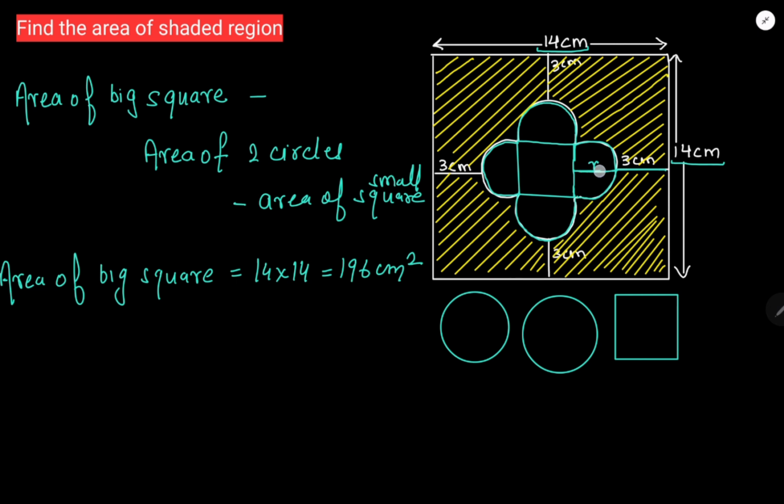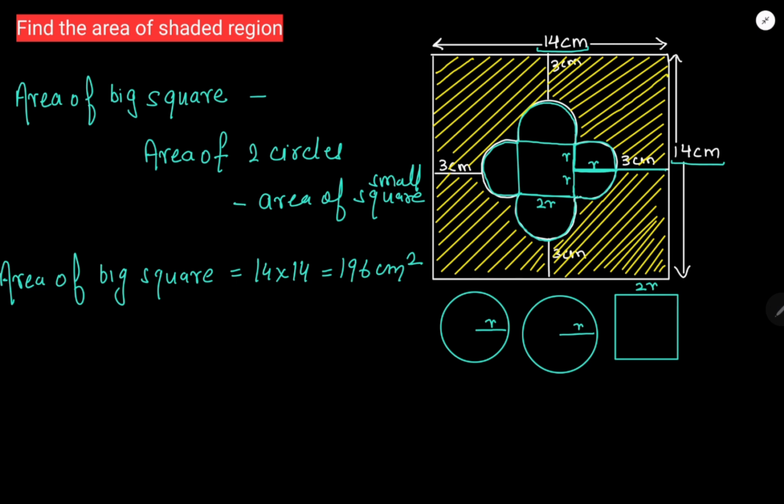If this is the radius, then center to boundary is R. That means the side of the smaller square is 2R, and the radius of the circle is R.